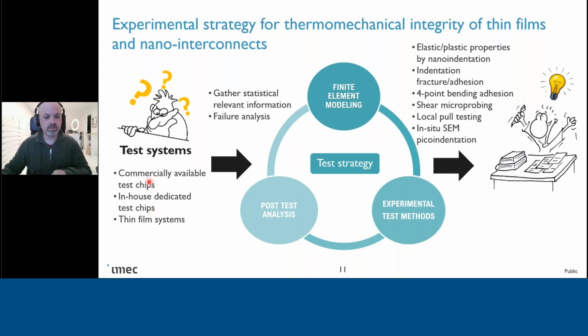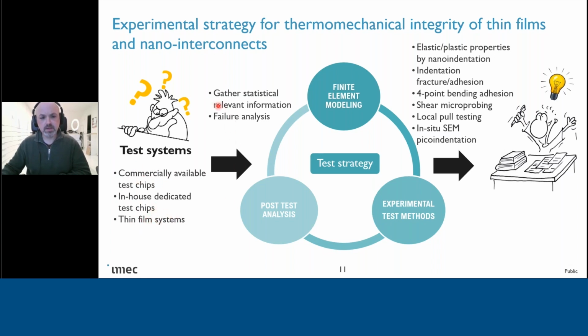Commercially available is what different companies are doing, and of course this can be confidential, and we try to keep that confidentiality between imec and the company. And also thin film systems, it's easier, it's more simplified.